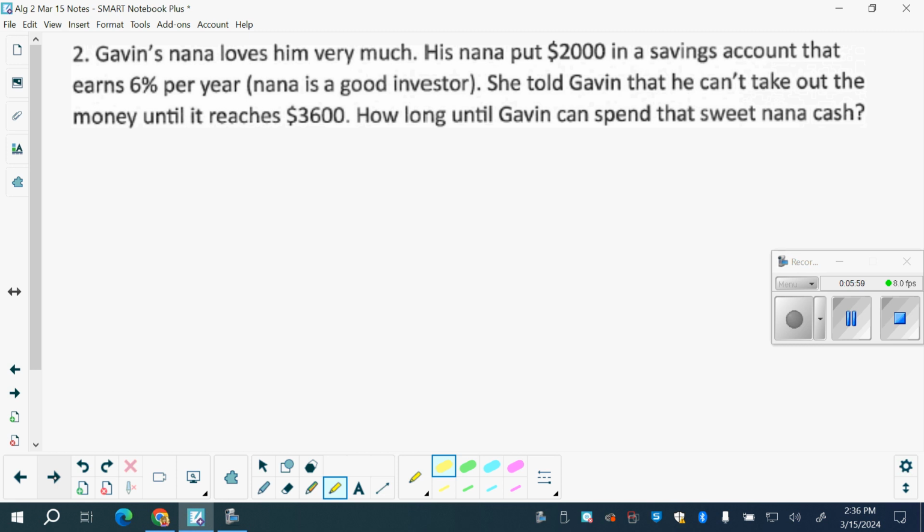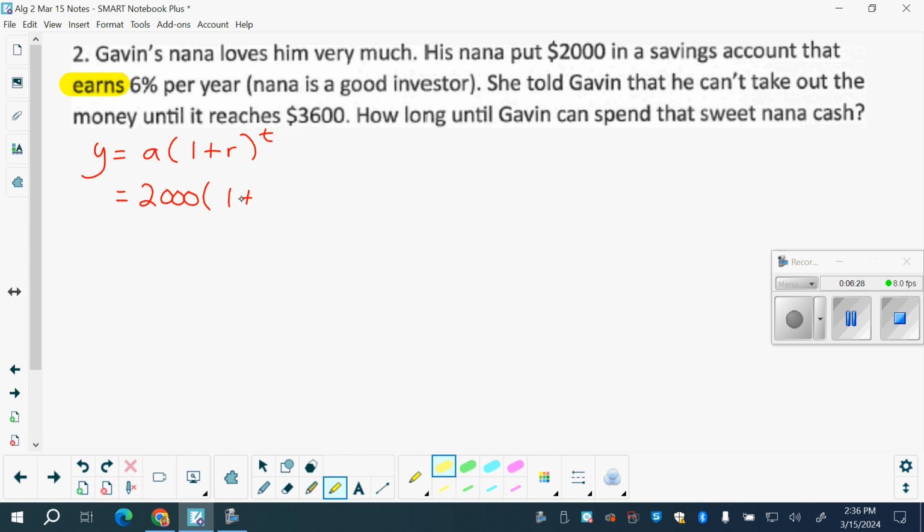A lot of times there's a word in this one. I guess the earns. So then we have y equals a times (1 plus r) to the t. And what's our initial amount on this one? 2,000 is where we start. What is our rate of growth?